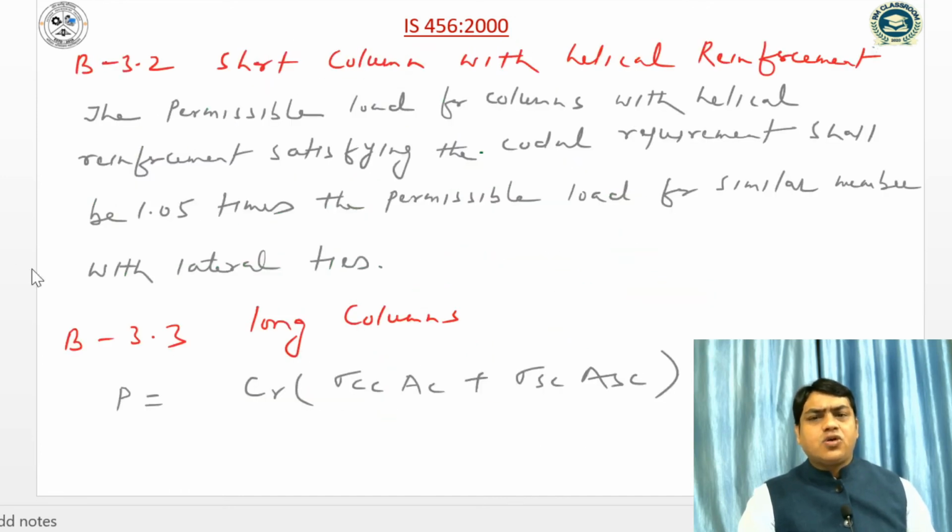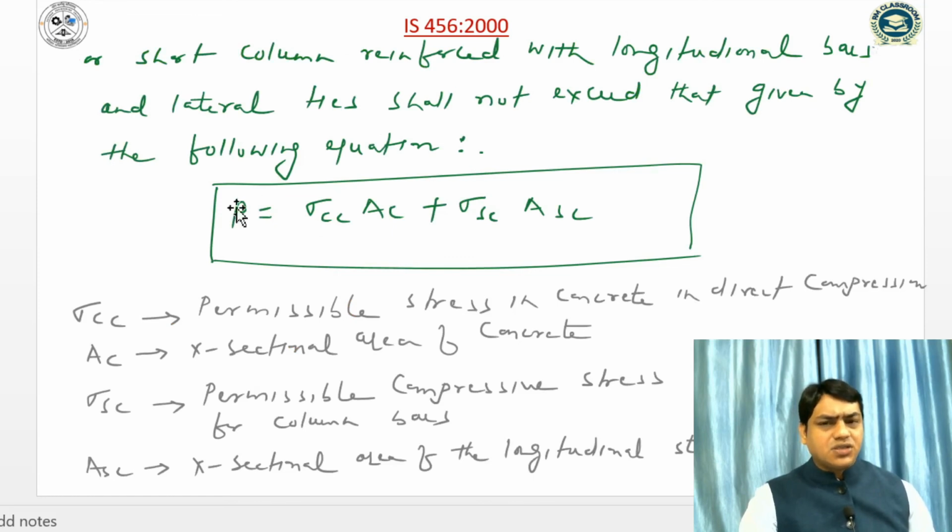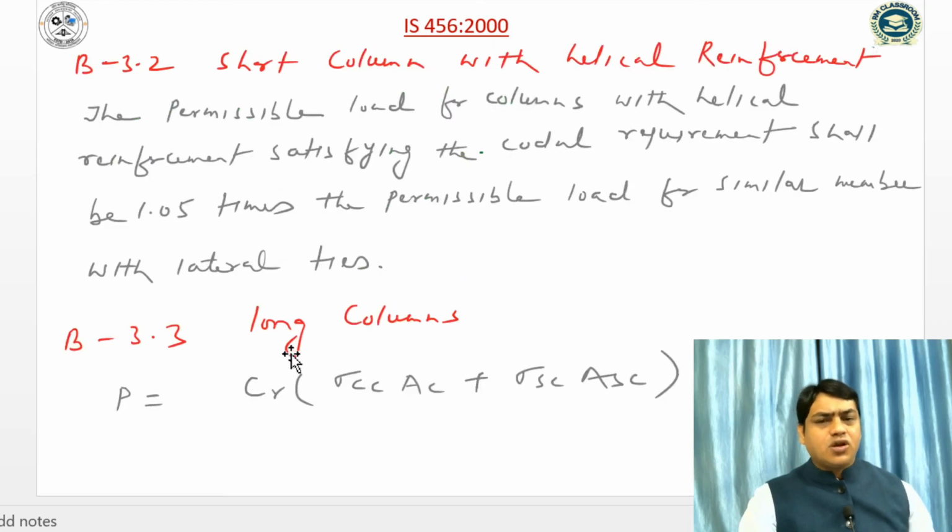For a short column with helical reinforcement, we just increase the value by 5%, that is P can be written as 1.05 times sigma cc Ac plus sigma sc Asc. And for a long column, we have to multiply this value by a reduction coefficient called Cr, and the expression of this reduction coefficient is 1.25 minus L effective divided by 48B.